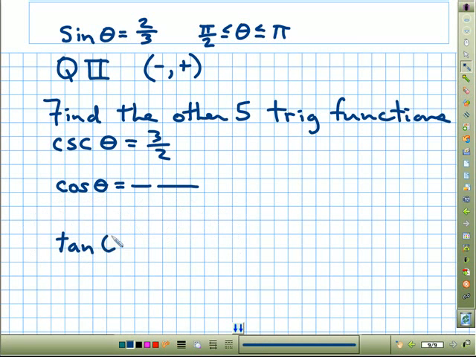Because the signs are different, right? Sine and cosine have different signs. And then, of course, we can find cotangent, and it's going to also be negative. Okay, and secant's going to be negative, or is it? Yeah, negative.